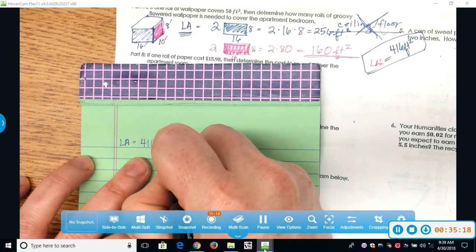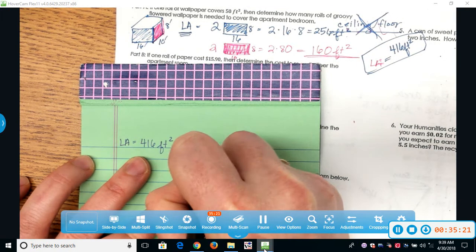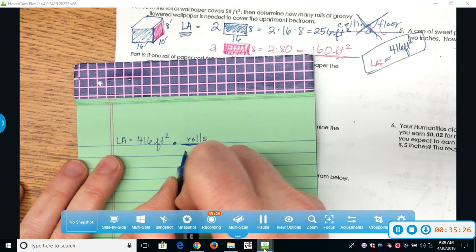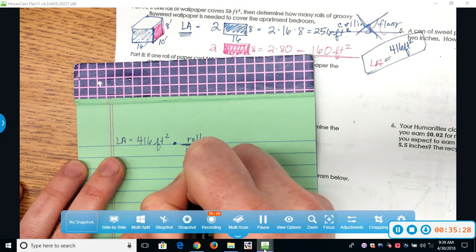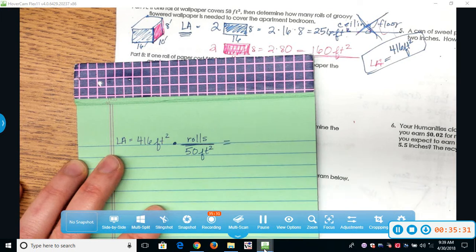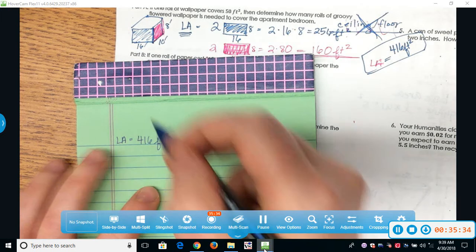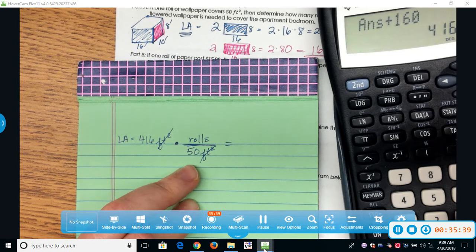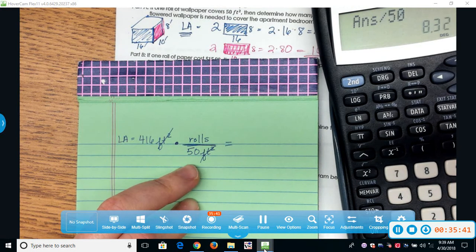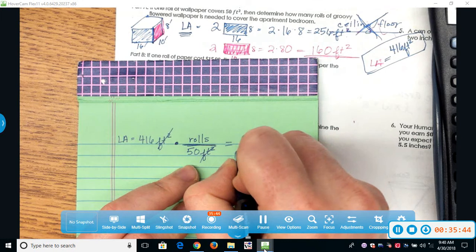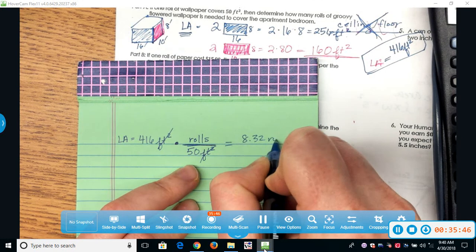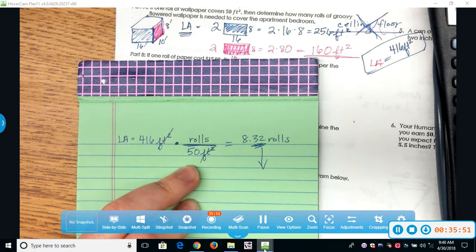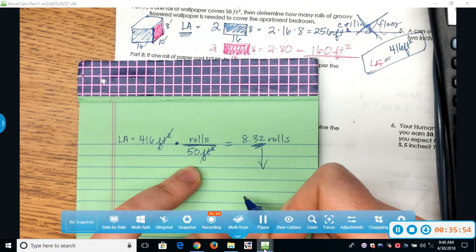I need to know how many rolls of wallpaper, and one roll covers 50 square feet. So, taking 416 dividing by 50 should give me my answer. I need to buy 8.32 rolls at minimum. Oh wait, can I buy 0.32 rolls? No. So how many rolls do I need to buy?